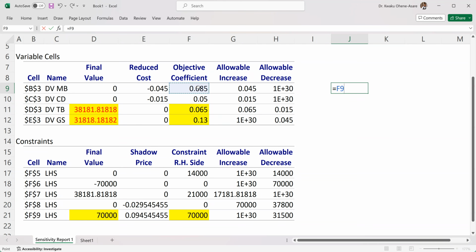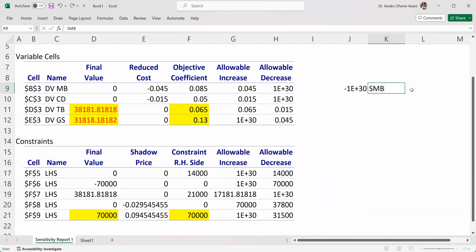And then you subtract the allowable decrease from it. And the allowable decrease is here. That's the first part. And that will give you negative infinity. By the way, this value is called negative infinity. Then you bring your sensitivity range symbol, in this case for municipal bonds.